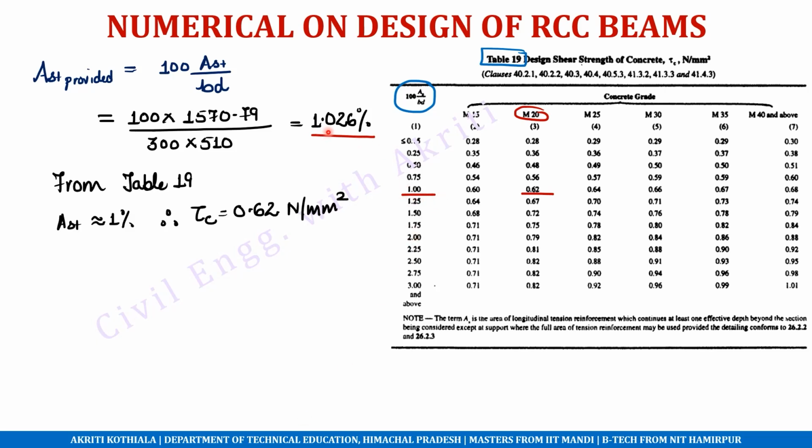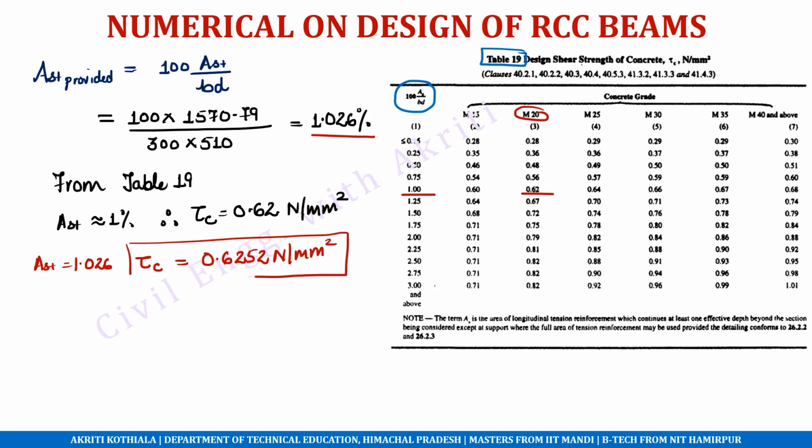However, keep in mind that because this value is very close to 1%, I have taken the value equal to 0.62. But if this value was somewhere like 1.1 or 1.12, then we would have to interpolate. So just for the sake of the question, I have interpolated this value and obtained tau C corresponding to Ast equal to 1.026%, and it calculates to be equal to 0.6252 Newton per mm square.